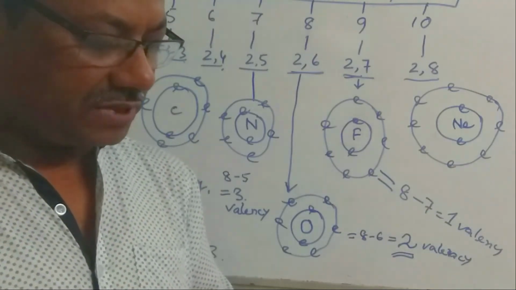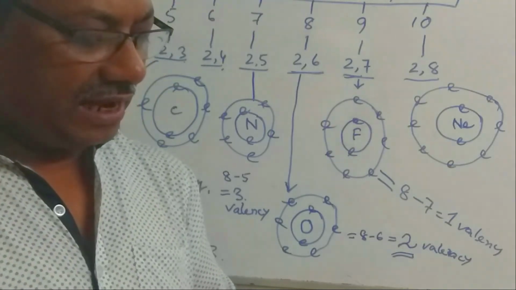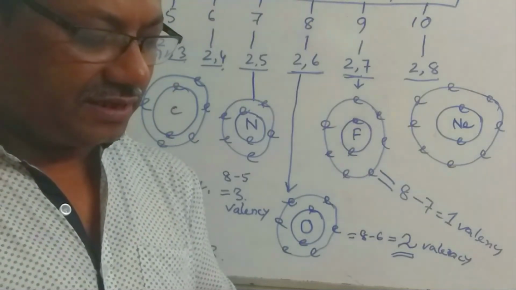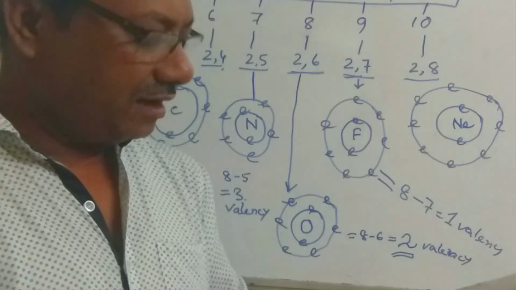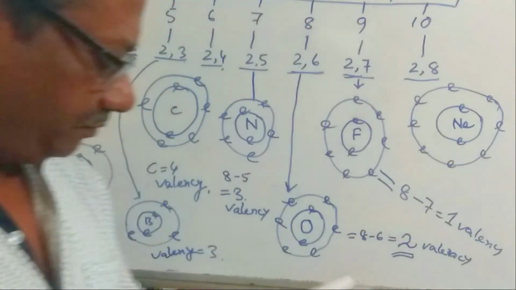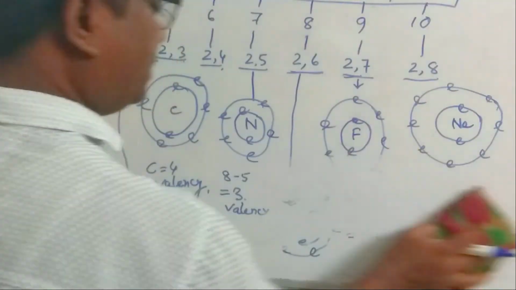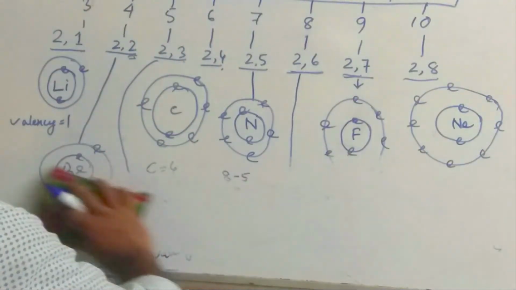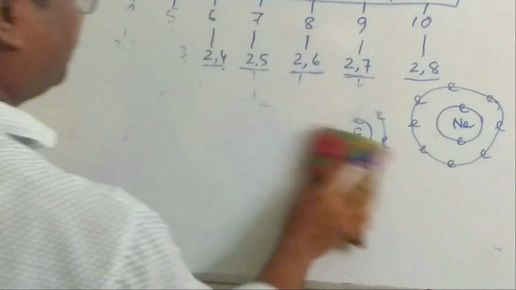You also observe that the number of valence shell electrons increases by 1 unit as the atomic number increases by 1 unit on moving from left to the right in a period. So you note it down. This is also a property of the elements present in the periodic table.